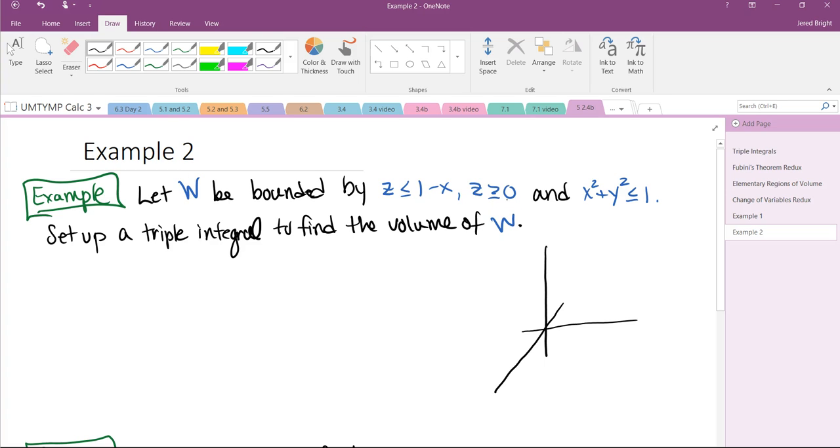So in terms of the XY space, here's 1, and then we're going to have something like this go on. And so that's the bottom of our region, and then we have something like this going on too. Let's see if I can draw it accurately.